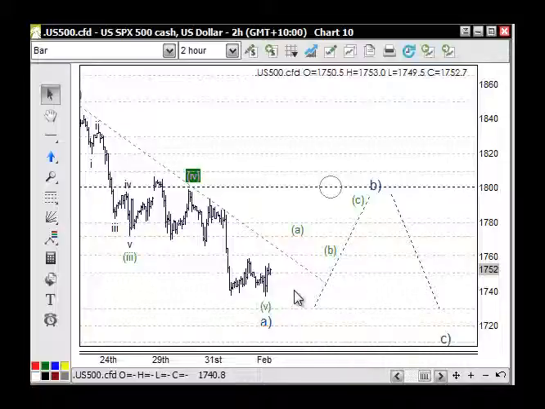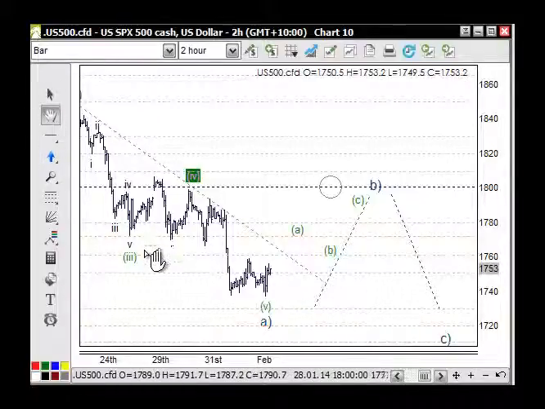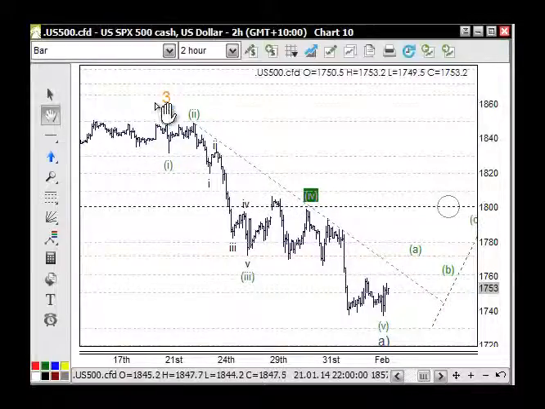The NFP figures, non-farm payroll figures, are coming out in the US on Friday, and they're expected to be reasonably sound and strong. And the other point that should be made here is that, I don't use indicators, but any indicator would show this here as being oversold.